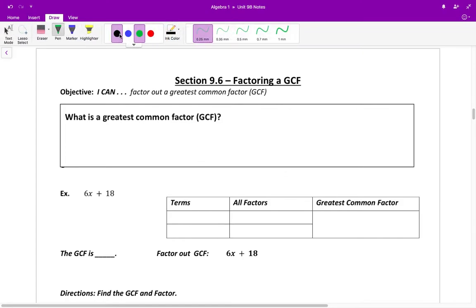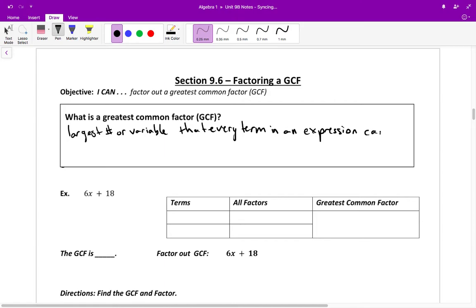Basically, it is the largest number or variable that every term in an expression can be divided by.